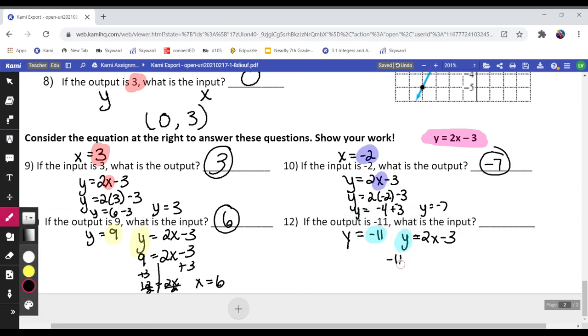So -11 equals 2x minus 3. Extending my equal sign, I'm going to add 3 to both sides. -8 equals 2x. Divide both sides by 2. -4 equals x. Okay.